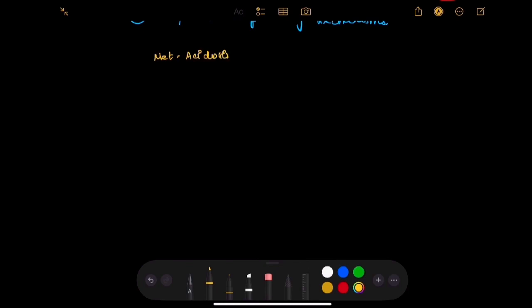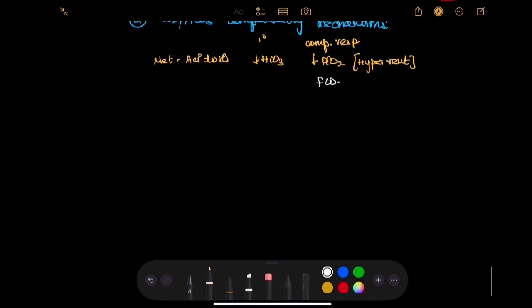In case of metabolic acidosis, the primary defect is bicarbonate of less than 25 milliequivalents. The compensatory mechanism is a decrease in carbon dioxide level with the help of hyperventilation. So we can measure the compensatory mechanism as PCO2 should be 1.5 times the bicarbonate level plus 8, with a range of plus or minus 2.